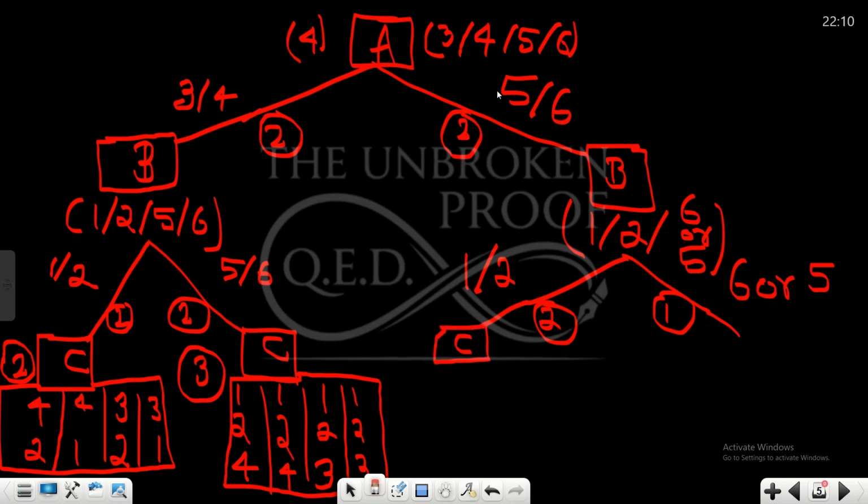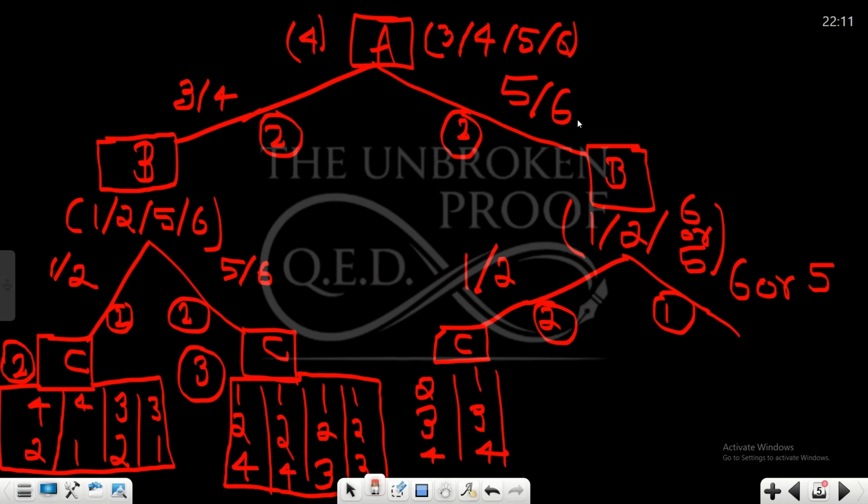Now if A is sitting in 5 and B is sitting in 1, then C can sit in either 2 or 3 or 4. Okay, and if A is sitting in 5, B is sitting in 2, then this can be 1, 3, 4. Okay, and if A is sitting in 6 and B is sitting in 1, then it is going to be same 2, 3, 4.